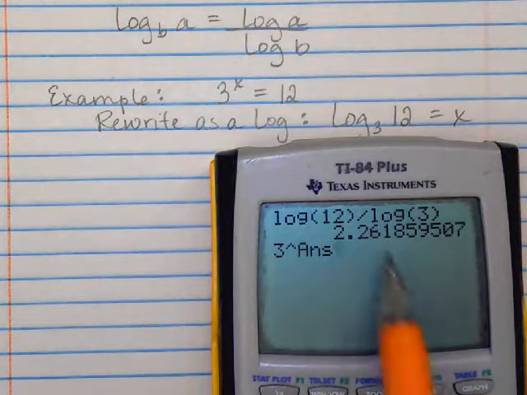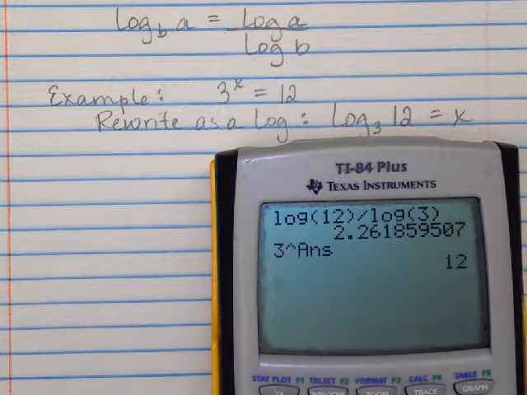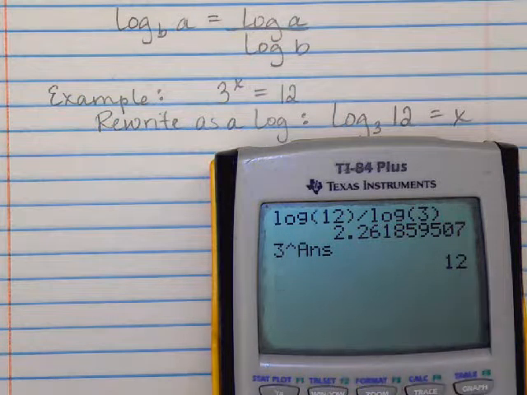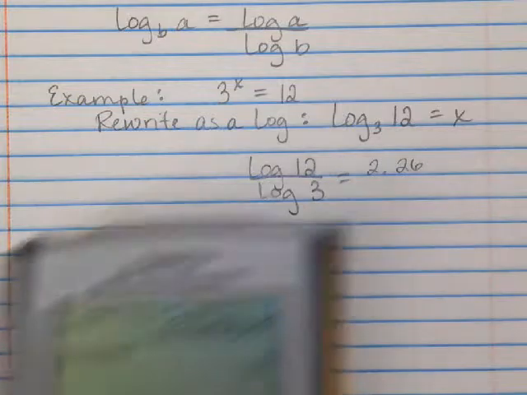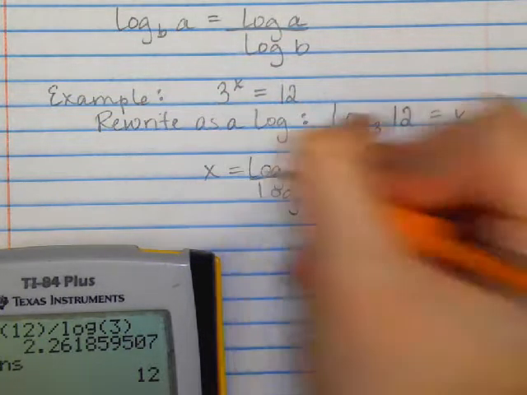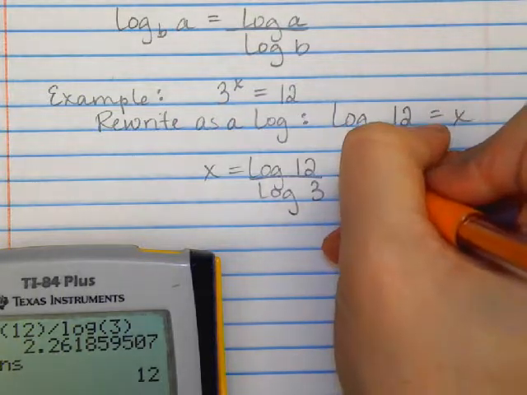So 3 to this power, and because we didn't have to round anything off, we got exactly 12. So this part is how you solve, and this part is how you can check. So we have x equals approximately 2.26.